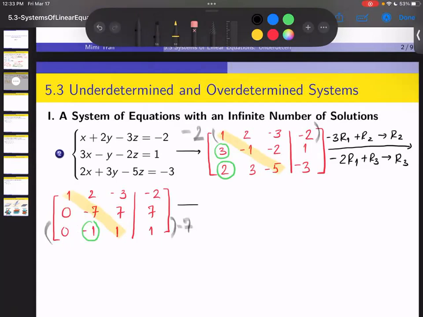Let me write out the step here. -7 times R3, add to R2, gives me the new R3. The row I want to change is row 3.